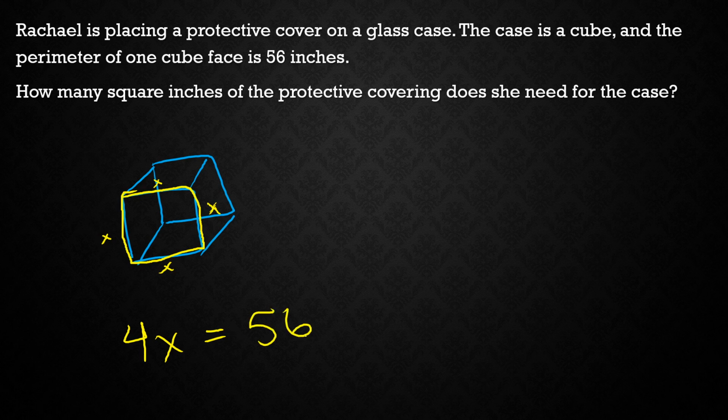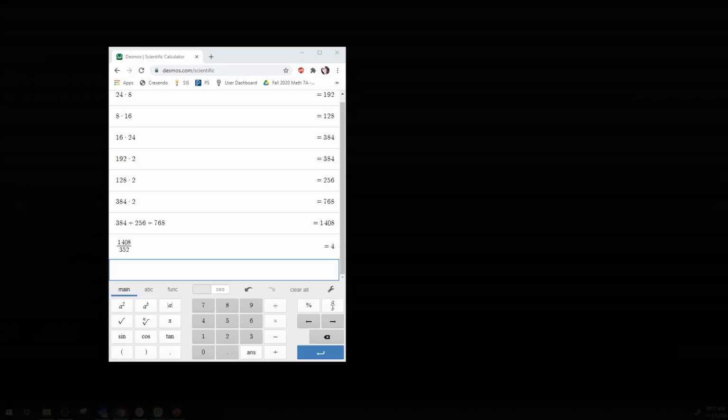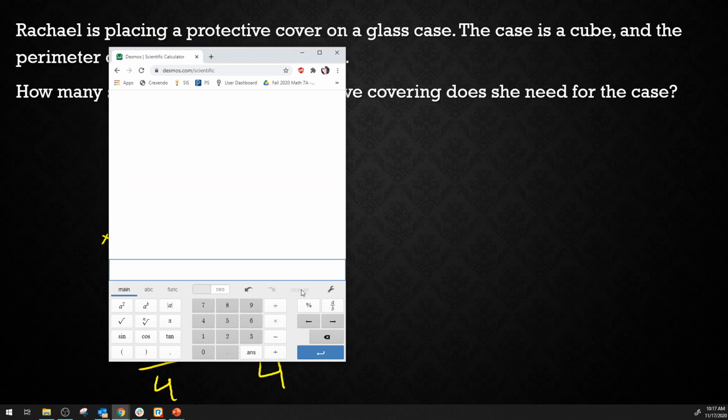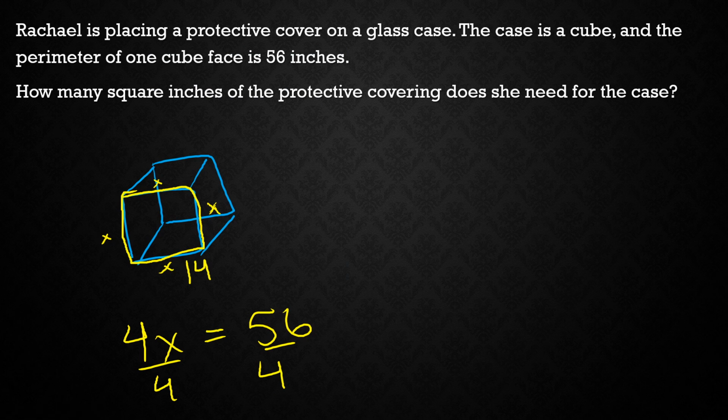So to figure out what each side is, I need to take 56 and divide it by 4. 56 divided by 4 is going to give me 14. Let's just double check in a calculator before we keep going to make sure. Yes, 14. Okay, perfect. So I know that each side is going to be 14.